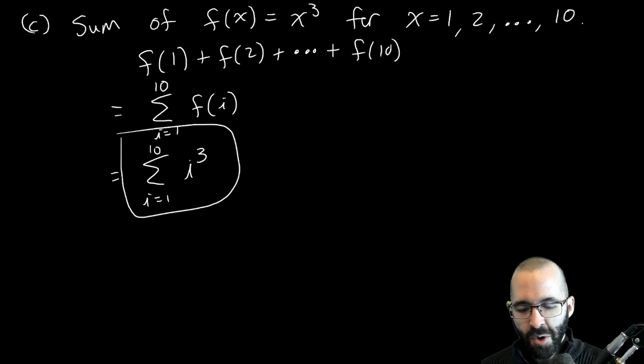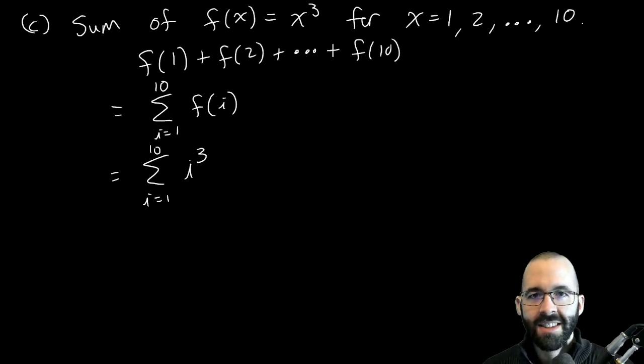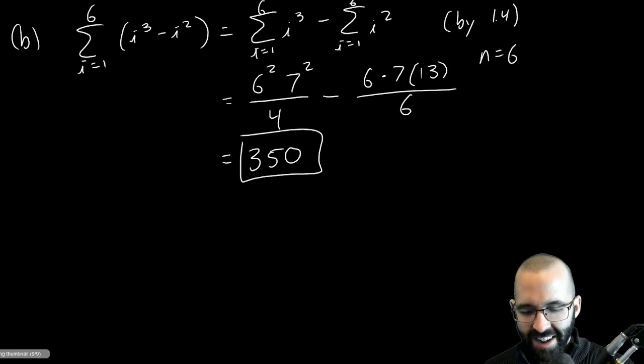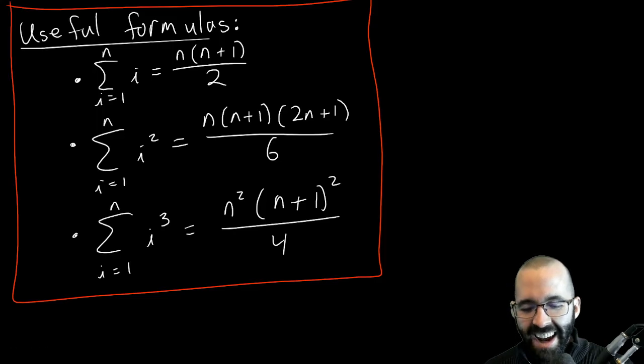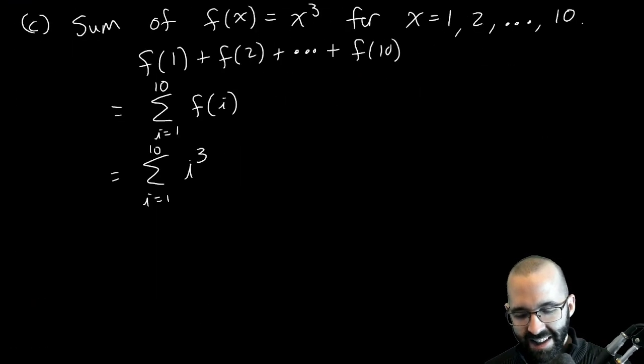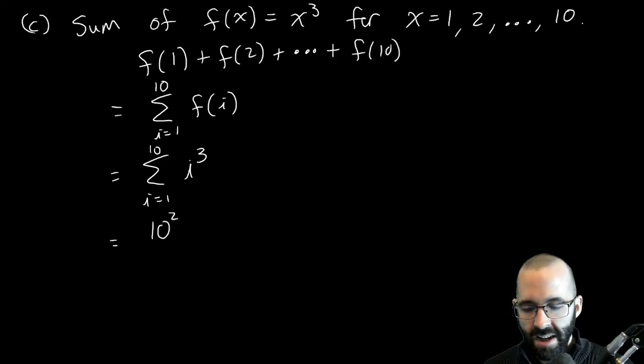Oh, now we can use a formula again. It's what? n squared times, I don't remember, n squared times n plus 1 squared over 4. So n squared, n is 10. Remember, we are going from 1 to 10, so it's in the right format.